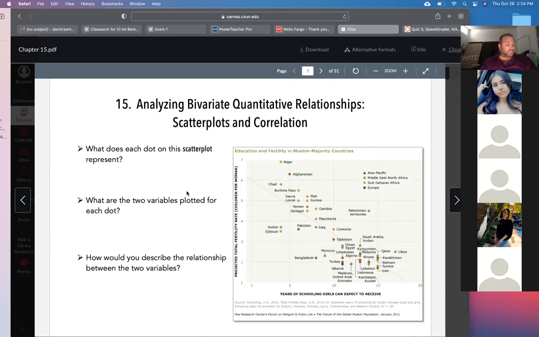It looks like it's going to be Chad, Sudan, and, yeah, I see actually four: Sudan and Djibouti, as well as Chad and Niger.